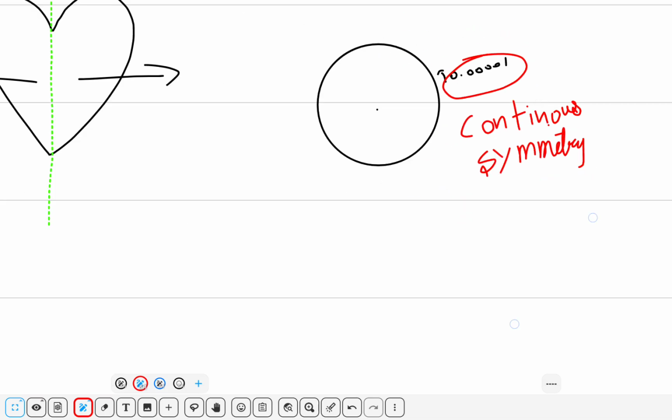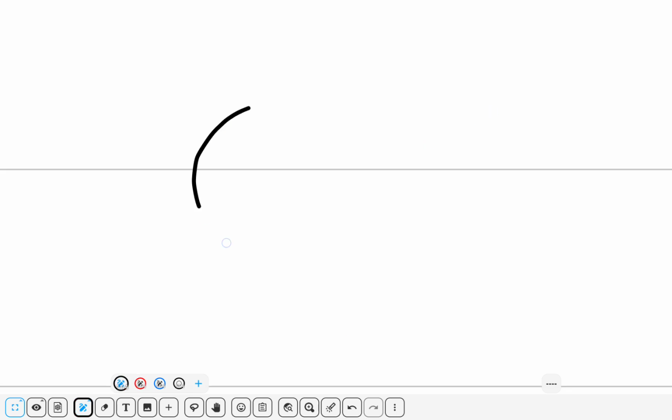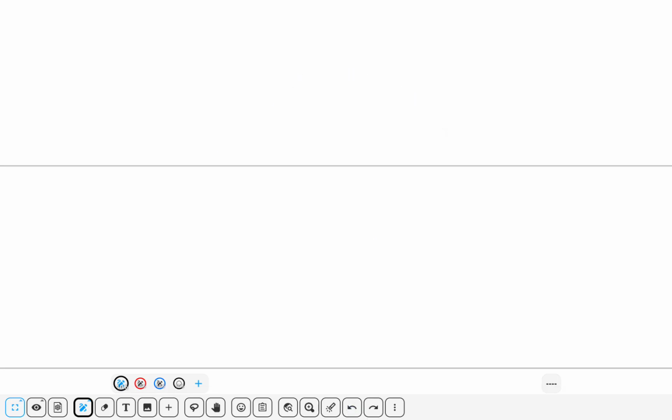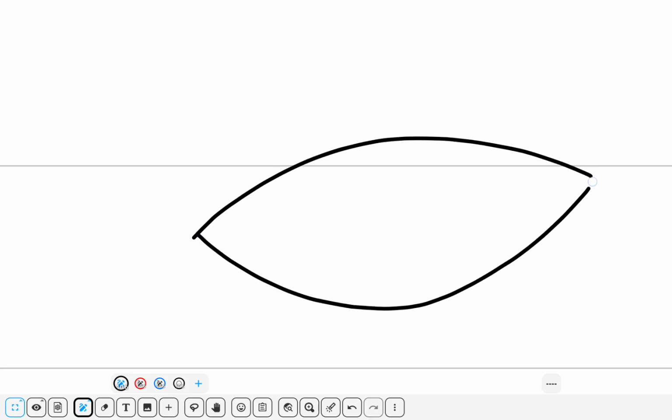Another example of a continuous symmetry is a football, a sphere basically. Let me give another example. You might be aware of a rugby ball. It looks something like this.